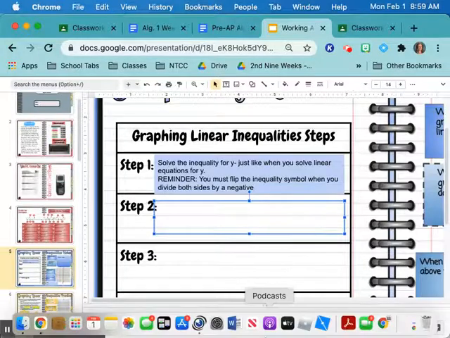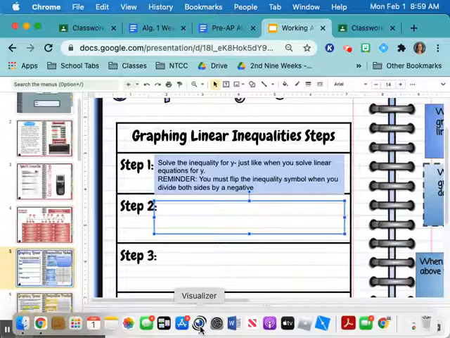Just a reminder on when we do that, I'll show you back when we did solving one variable inequalities.